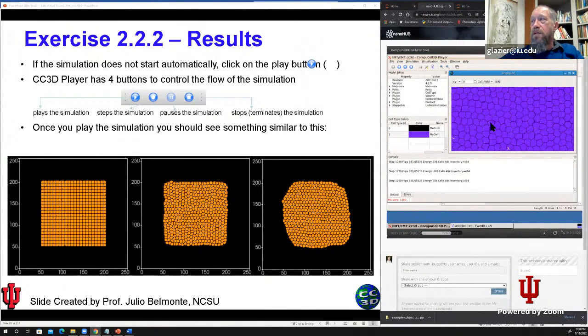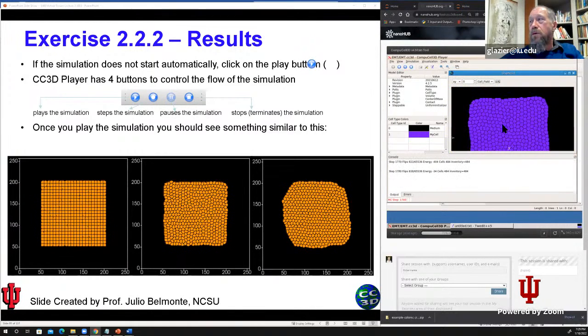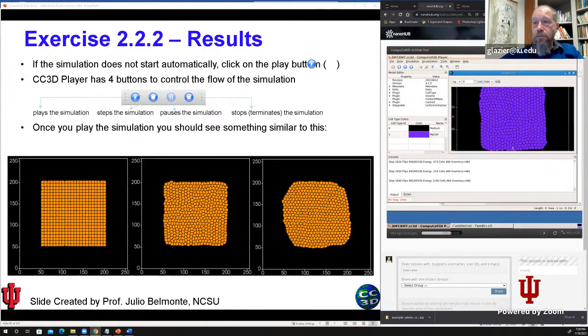You'll notice these cells are fluctuating a little bit. They're not square, so they're not lined up with the lattice, which means that the energies are picked about right compared to the fluctuation amplitude. And this is the basic simulation that we're going to work with. And let me just check to make sure that people were able to get that simulation to work.